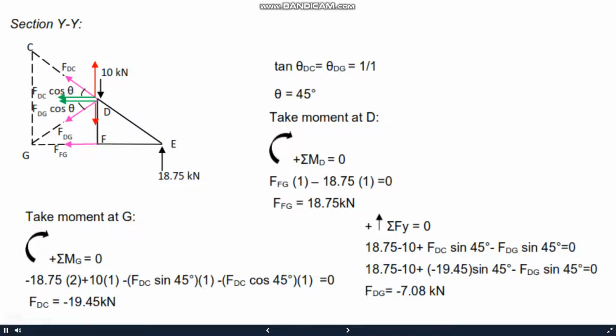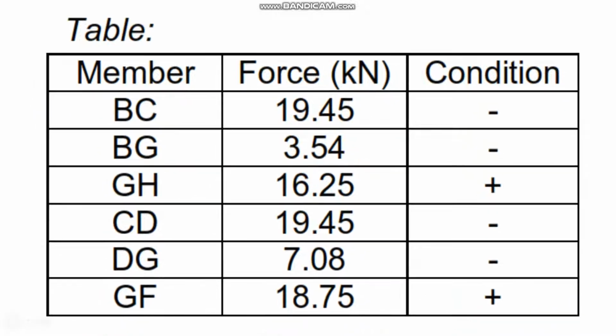And the intersection of FDG and FFG is at point G, and we take a moment at G and get FDC equal to negative 19.45 kilonewton. To solve FDG, I get negative 7.08 kilonewton. All the data you get, you tabulate into a table.